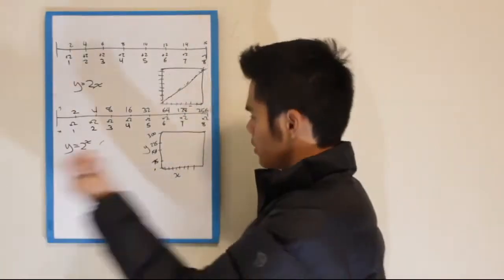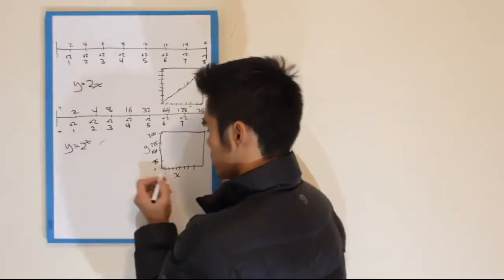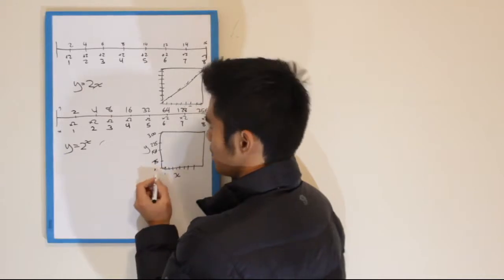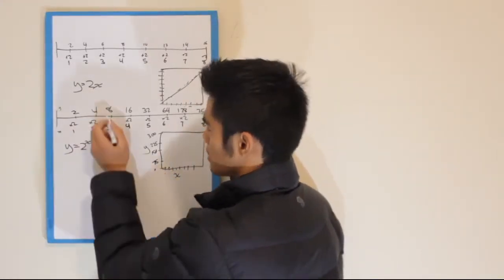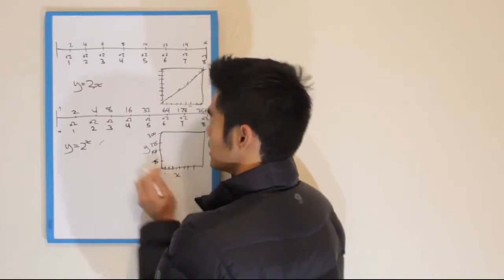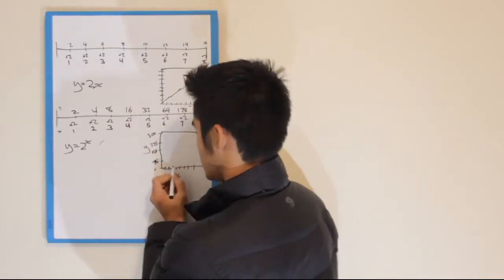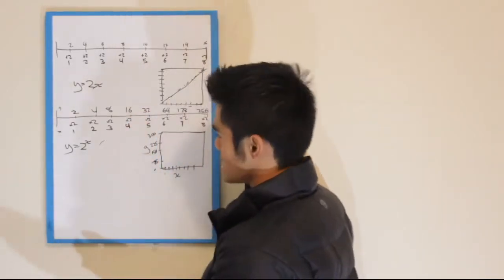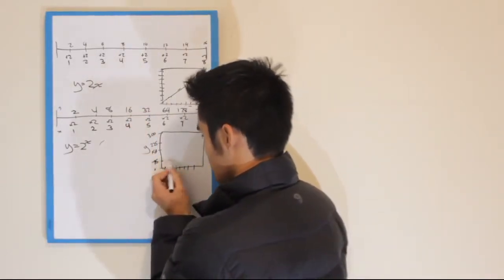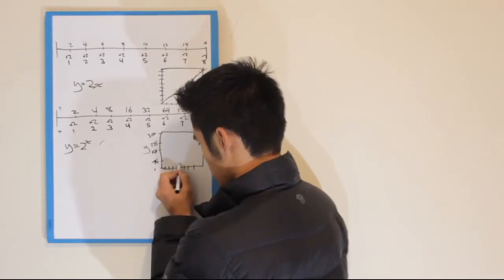So, when x is equal to 1, y is equal to 2, which is just right there. When x is equal to 2, y is equal to 4. When x is equal to 3, y is equal to 8. X is equal to 4, y is equal to 16. Okay, x is equal to 5, y is equal to 32. Hey, 32, that's almost half of 75. So that's going to go right there.